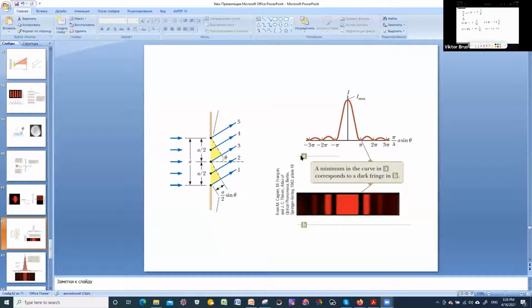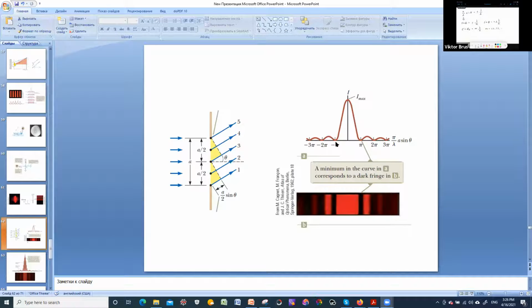So here we have the distribution of light intensity of the diffraction pattern originated from a single slit. We have a very broad and intense maximum.